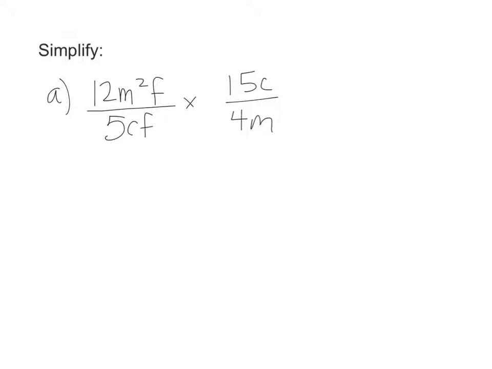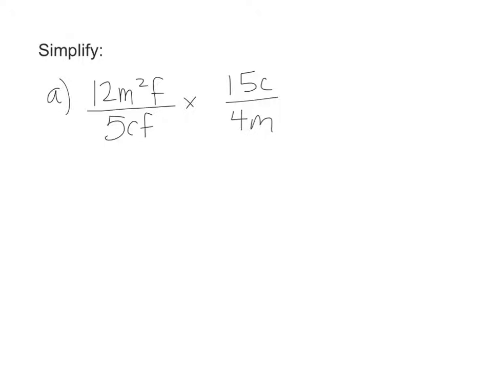We're going to multiply numerator by numerator and denominator by denominator, but it will be a lot simpler if we do the reducing first. So I want you to find one factor that's in any numerator, first or second, and any denominator, first or second, so that we can simplify.